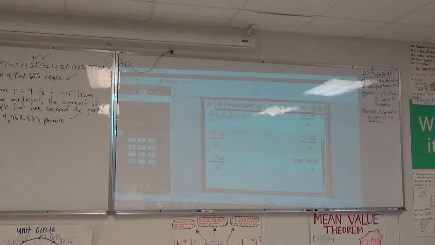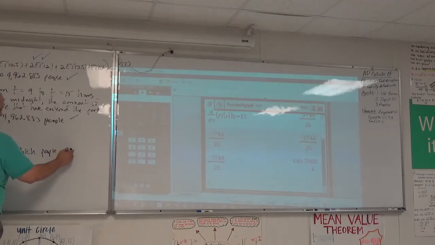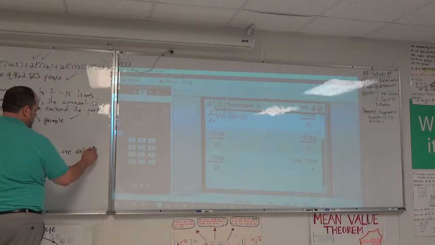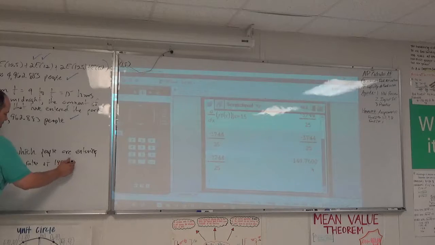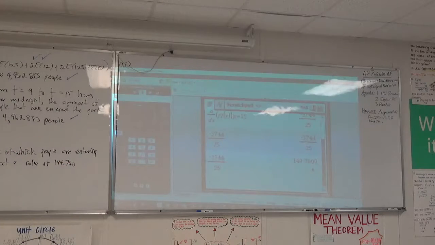Negative 149.760 at t equals 15 hours. The rate at which people are entering the park decreases at a rate of 149.760 people per hour.